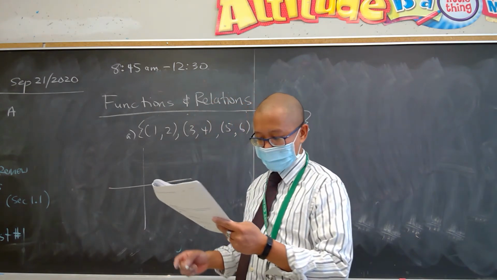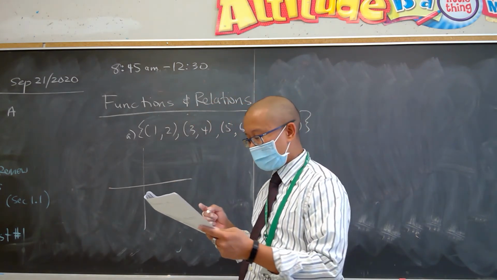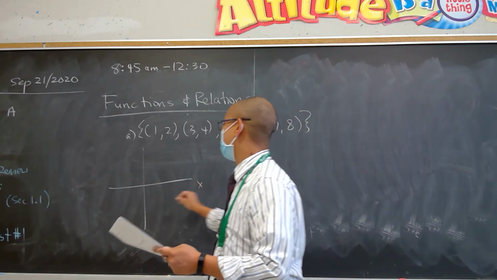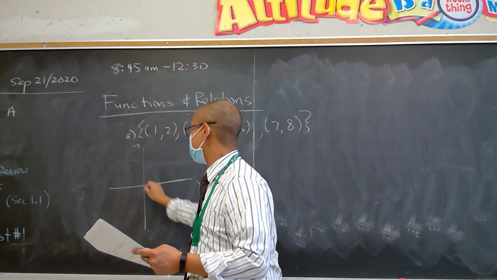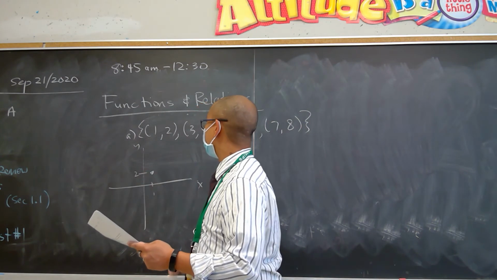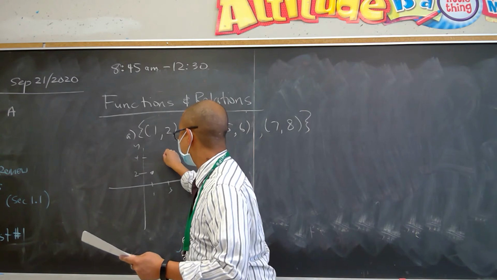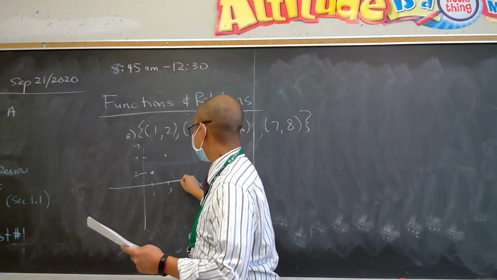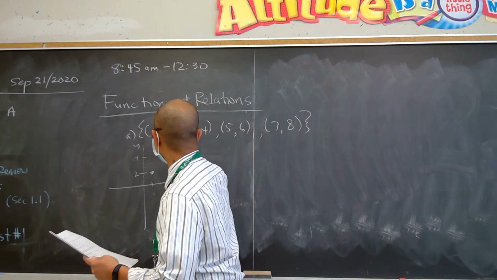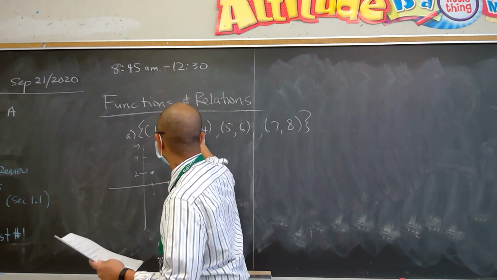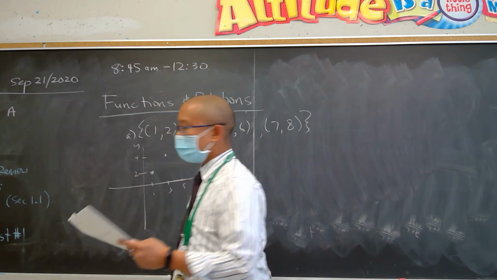So I apologize, the photocopy did not put it all through. There was actually a grid there, so if you want to do it yourself, that's fine. So 1's there, 2's there, point there, 3 is here, and 4 is here, and then 5 is here, and 6 is up here, and I'm running out of room. 7 is here, and 8 is there. So I just ran out of room.